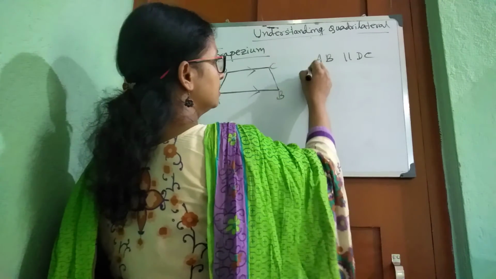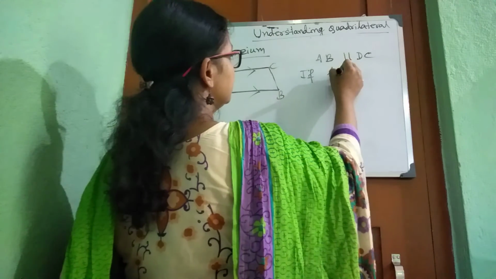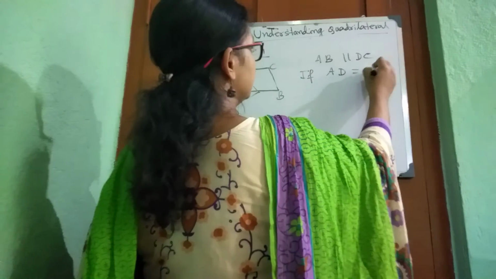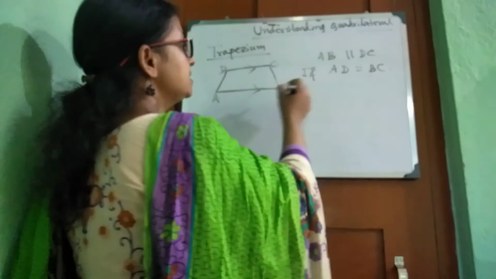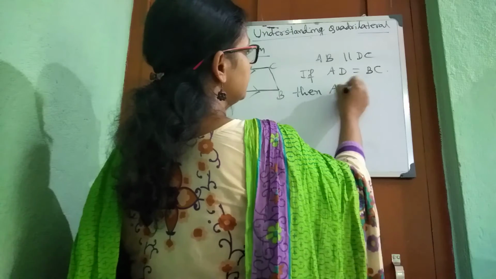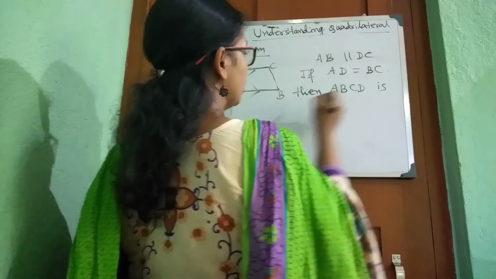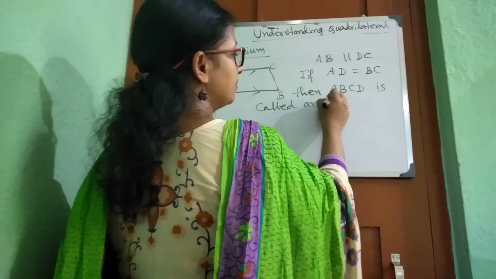If AD is equal to BC, that is, if the non-parallel sides are equal, then ABCD is called an isosceles trapezium.